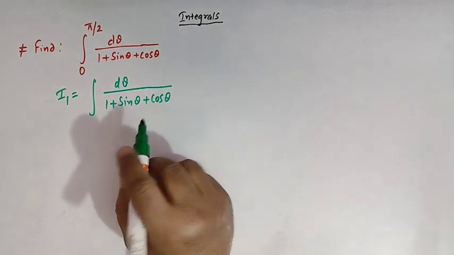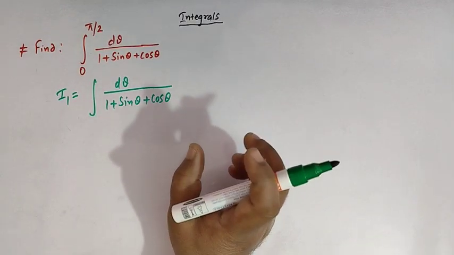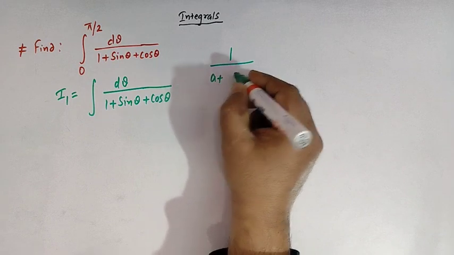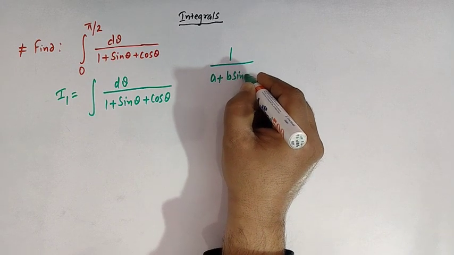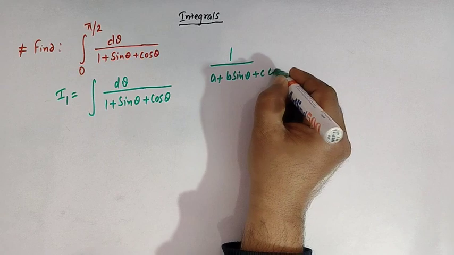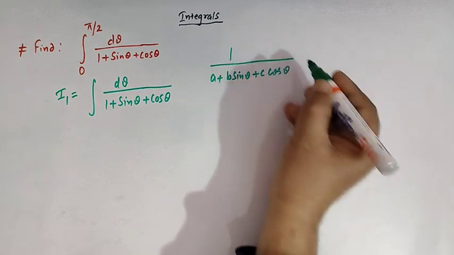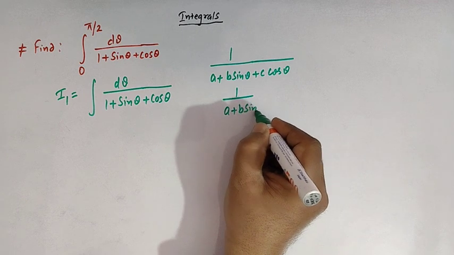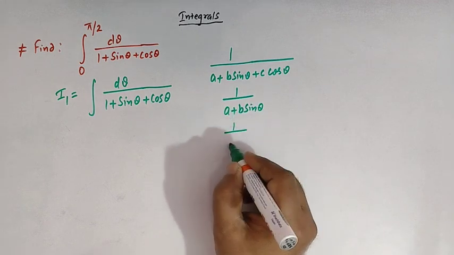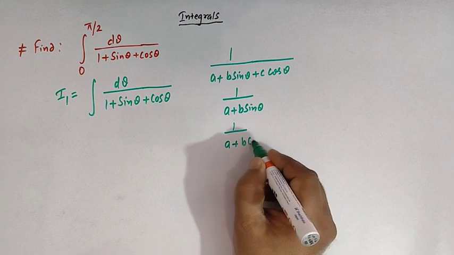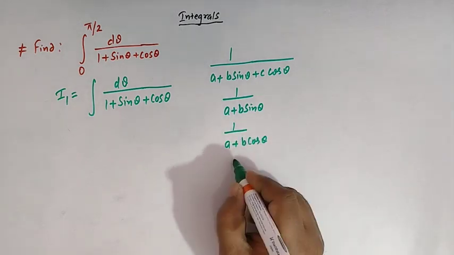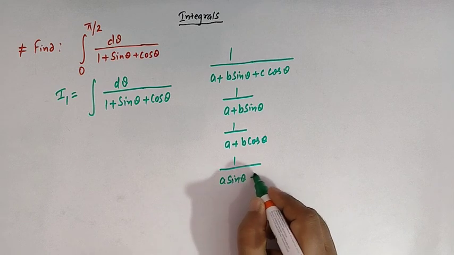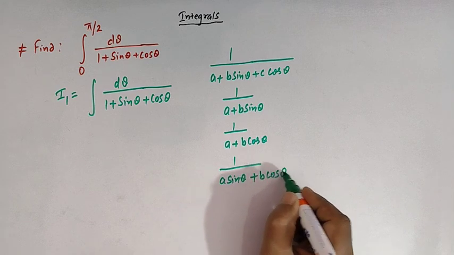See, whenever we have an integrand like 1 over a plus b sine theta plus c cos theta, right? And similarly, if we have 1 over a plus b sine theta, or 1 over a plus b cos theta, or 1 over a sine theta plus b cos theta, right?